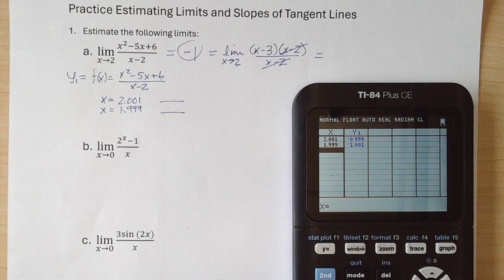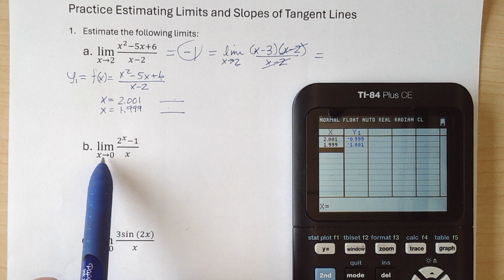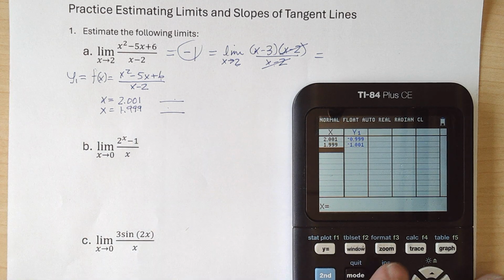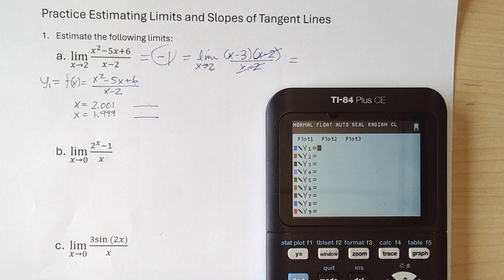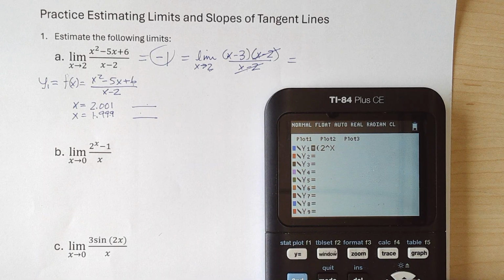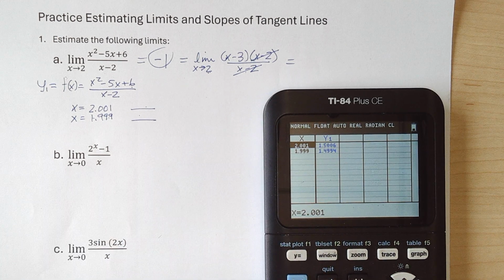So again, I would just type this in as f of x in Desmos and then pick x close to 0, or on the calculator, I would clear this one and type in parenthesis 2 to the x minus 1, close parenthesis, divided by x, and then go to my table. And I don't want to be close to 2, I want to be close to 0, so I'll pick numbers close to 0.